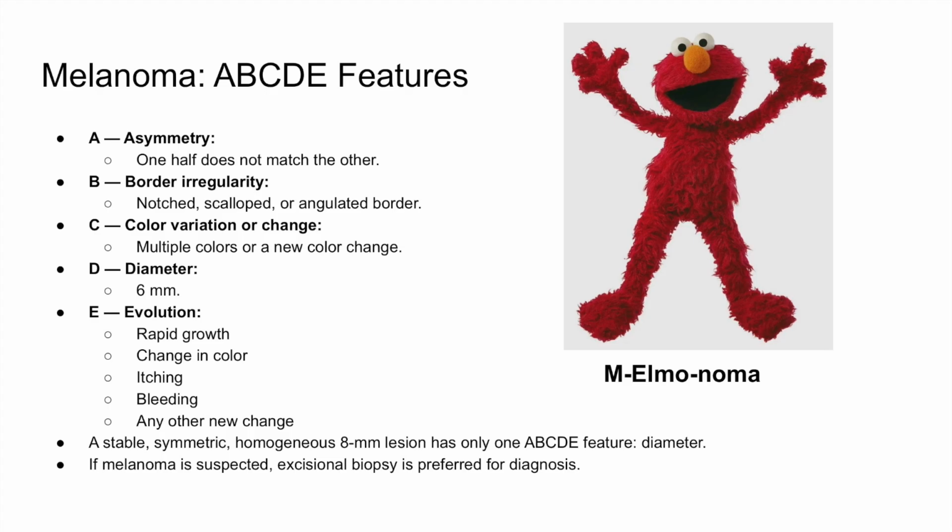C refers to a color variation, such as different areas of brown, black, red, white, or blue. D is a diameter greater than about 6 millimeters, although melanomas can be smaller. E stands for evolution and includes any new change in size, shape, color, elevation, symptoms, itching, or bleeding. And evolution is especially important because a changing lesion is more concerning than a large but stable and uniform one.